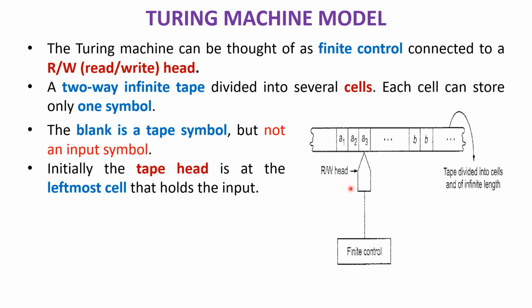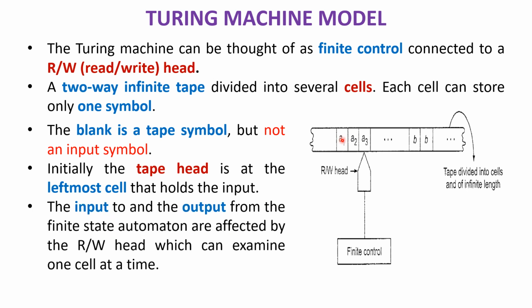Initially, the read-write head will be pointing to the leftmost cell that holds the input. The input to and the output from the finite state automaton are affected by the read-write head, which can examine one cell at a time.